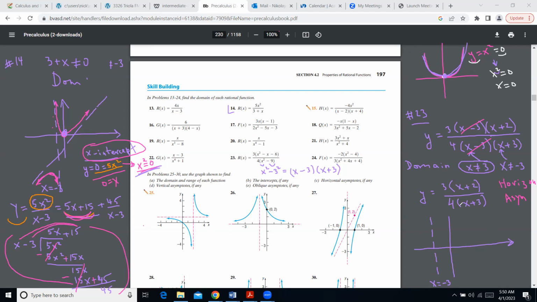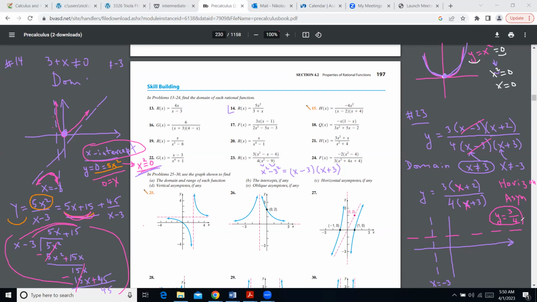So notice that when I divide, since my powers are the same, then all I have to do is put 3/4 as my horizontal asymptote. So 3/4 will be here. And that's interesting to realize that if you have same powers of x, you don't really need to divide, but take whatever is multiplied by those powers of x and declare it as a horizontal asymptote.